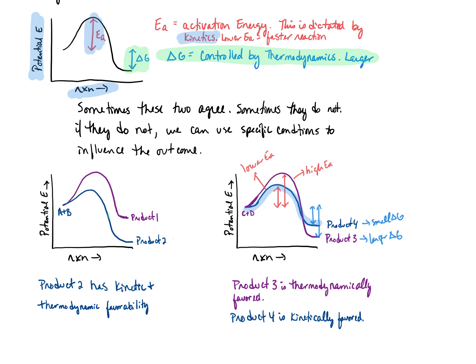On the other hand, when you go through this route to get to product 4, it's a higher activation energy, but the overall product is lower energy. We would say that that is thermodynamically favored. And that way, what we can do is we can control this and be able to get one versus the other. So these can sometimes be really good, but you have to think your way through them.